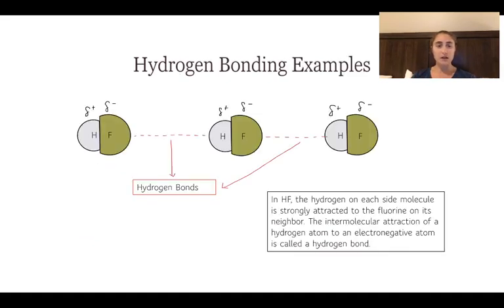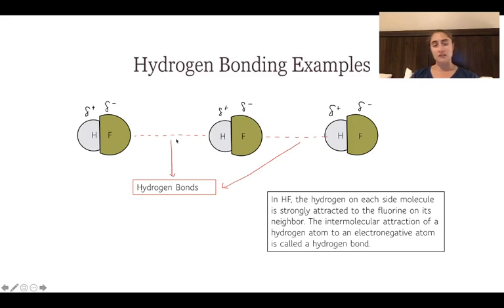So let's take a look. If I look at hydrogen and fluorine bonded together, hydrogen is slightly positive, fluorine is slightly negative because fluorine has a higher electronegativity. So I'm already creating sort of a dipole moment here. But this force that exists between this fluorine and this hydrogen, that's a hydrogen bond, right?